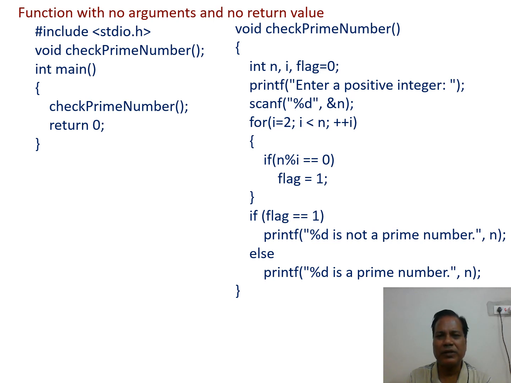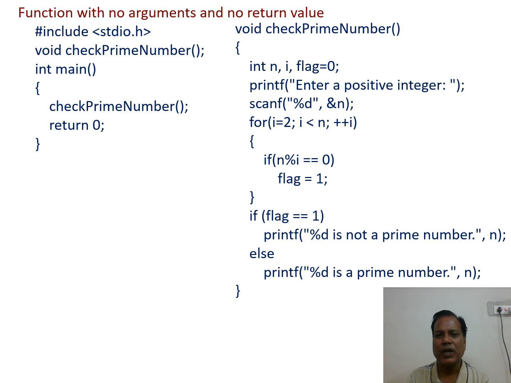Otherwise, if it is not 0, then the body of the if statement is not executed, and the value of i is incremented. In this way we go on incrementing the value of i till it is less than n. The remainder is found out, and if the remainder comes out to be equal to 0, then flag is set to 1.